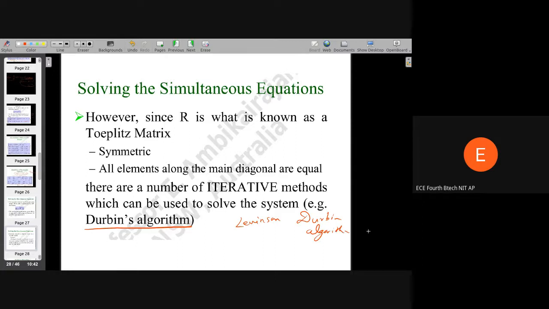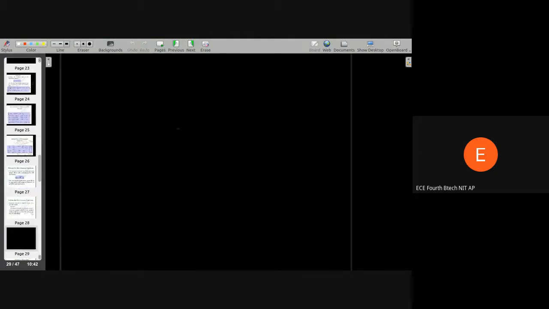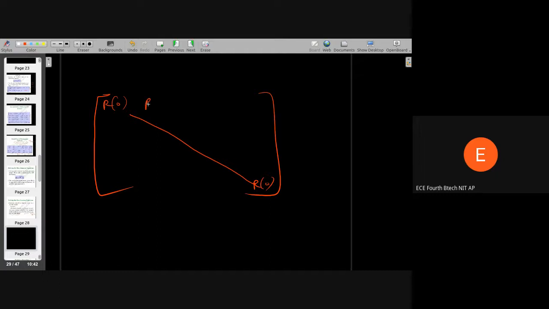And why is it possible? Because you see the structure of R. The structure of R is like R0, R1, up to P minus 1. So there is a structure.